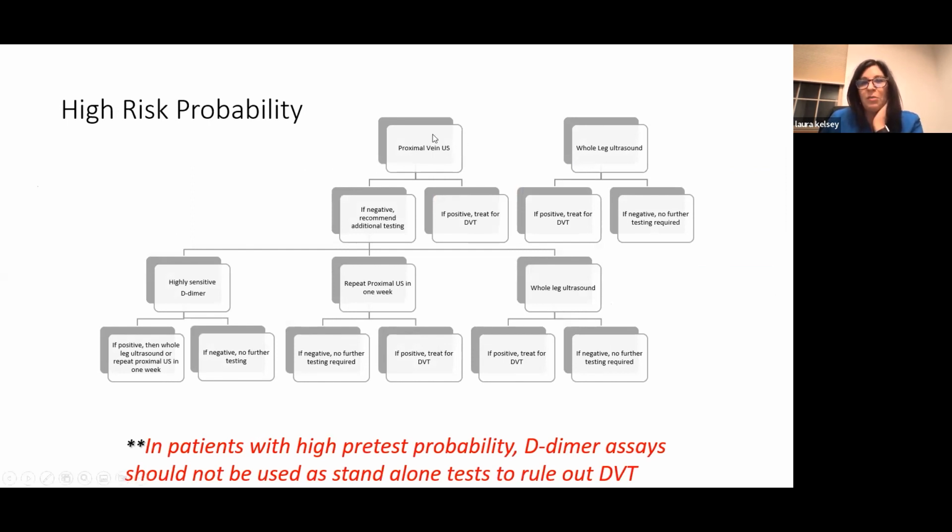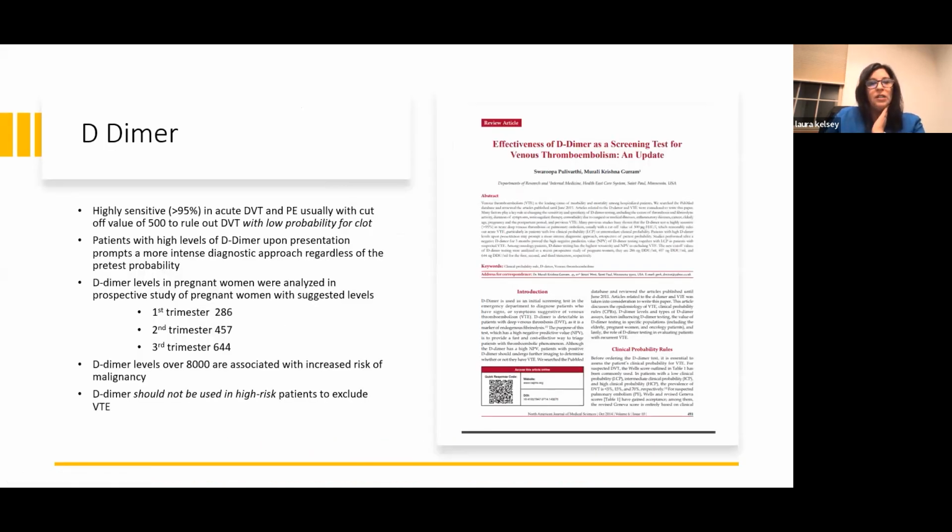Here again, it talks about a proximal vein ultrasound versus a whole leg ultrasound, which we'll get to again in a minute. What happened with D-dimer is it's very sensitive, but not specific for DVT. A value of over 500 has a 95% sensitivity in acute DVT and PE. However, when people are tested for D-dimer, it's not specific for clot.